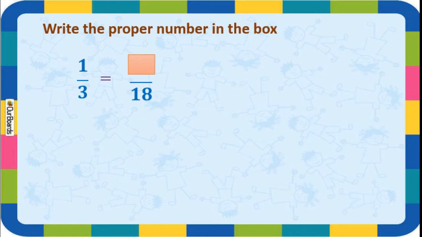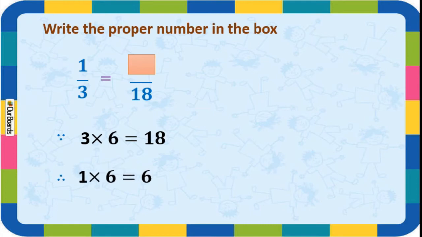Now 3, here we have to convert 3 into 18, means 3 sixes are 18, isn't it? 3 sixes are 18. So we have to multiply the numerator also by 6. So 1 six is 6. So we will write here 6. Okay, 6 upon 18, isn't it?